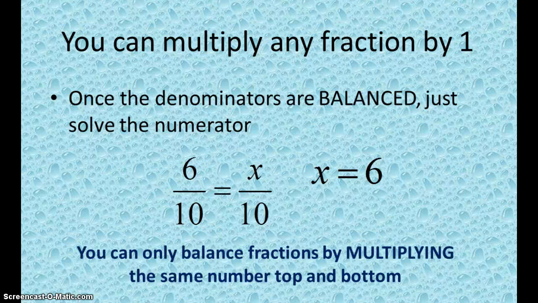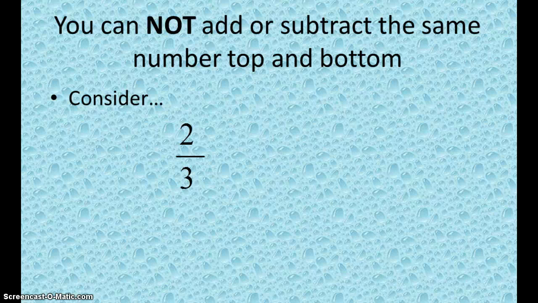But remember, you can only balance fractions if you're multiplying the same number top and bottom. So consider this. A lot of us want to add top and bottom. Oh, as long as we're doing the same thing, it should be okay, right? So let's take 2/3. And let's say I'm going to add top and bottom. I know I told you not to do it, but let's just see what happens. So I'm going to add 1 to the top and the bottom.